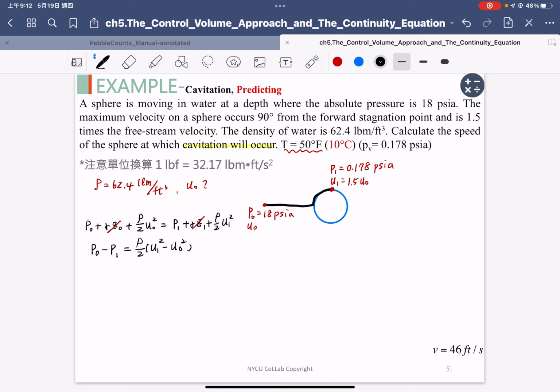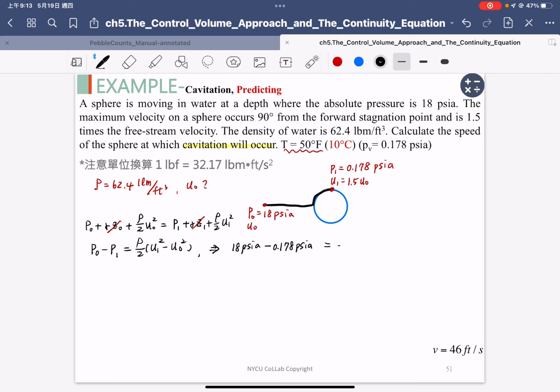And we actually know the pressures. P0 is 18 psia, minus 0.178 psia.